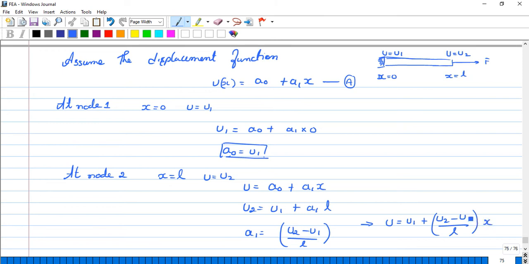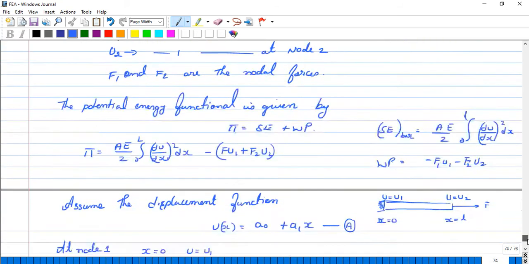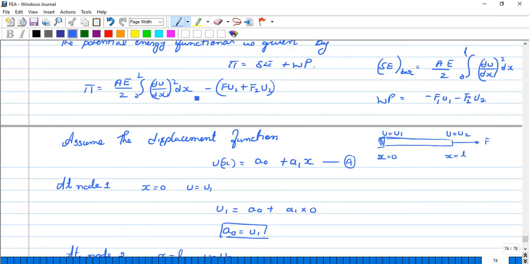So u is equal to u1 plus (u2 minus u1) by L into x. And this is not the final thing, we need to substitute dU by dx. That is over here, you can see that. Let me mark. So here we have to substitute dU by dx.